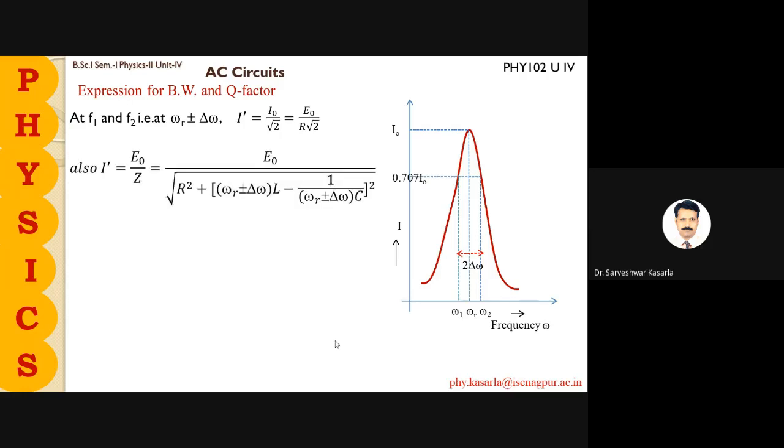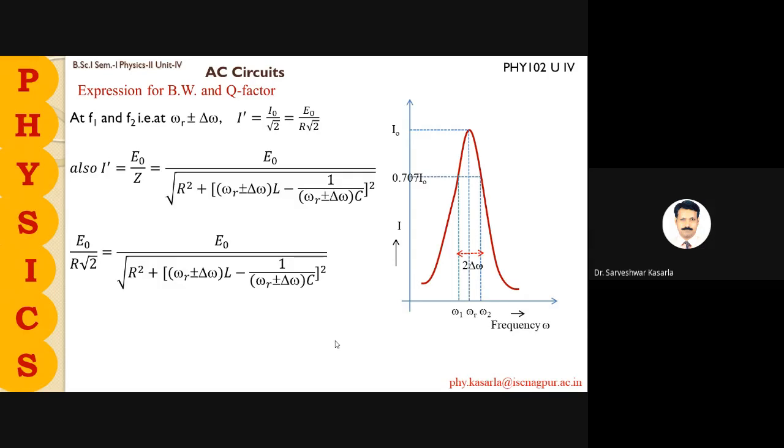Here I dash is equal to E0 upon Z. The general expression is E0 upon the square root of R squared plus (omega R plus or minus delta omega) L minus 1 upon (omega R plus or minus delta omega) C, whole squared. So this is what we are talking about at omega 1 and omega 2, or at F1 and F2, where the current is given like this.